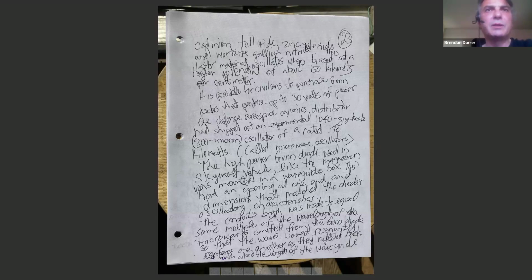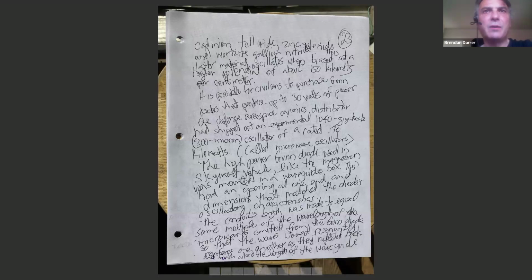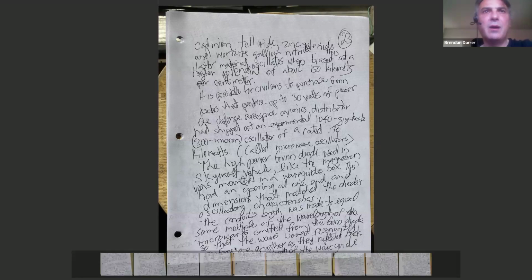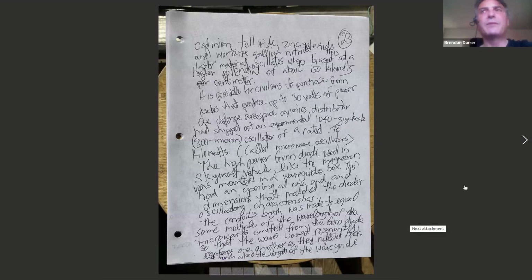The conduit's length was made to equal some multiple of the wavelength of the microwaves emitted from the gun diode, so that the waves would resonantly reinforce one another as they reflected back and forth along the length of the waveguide.